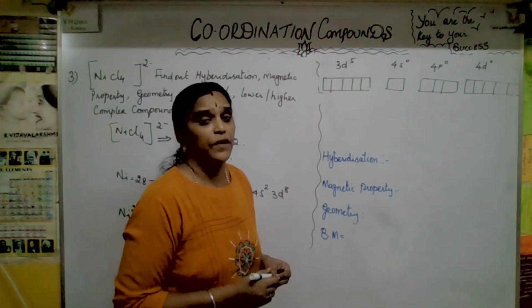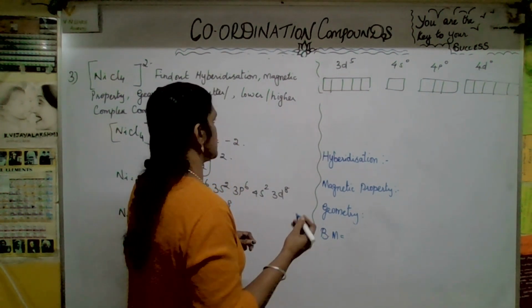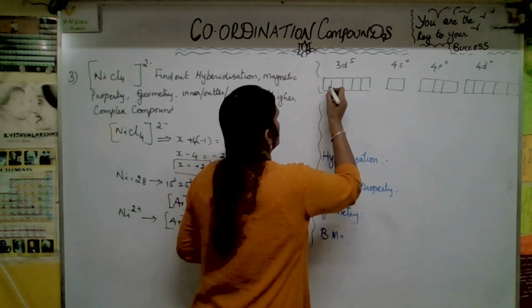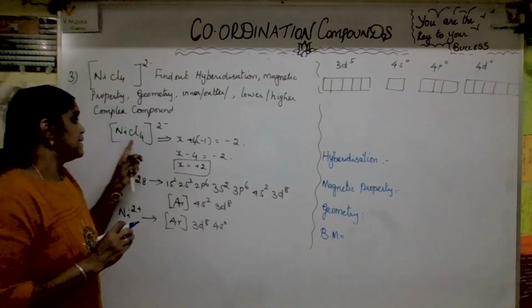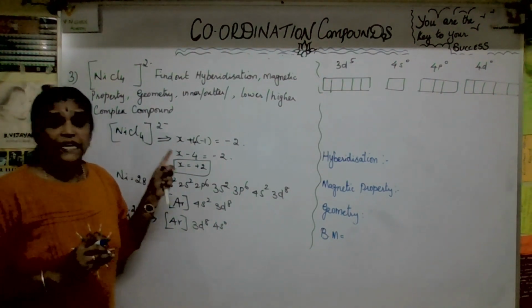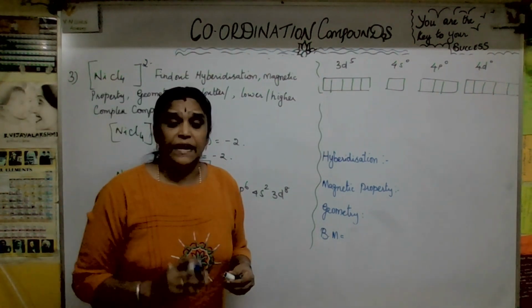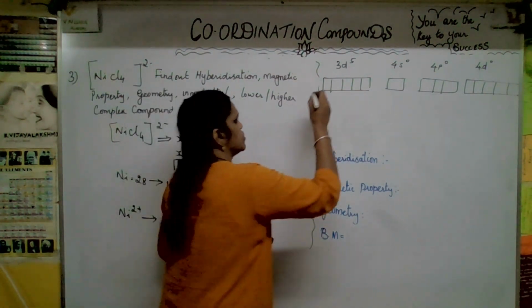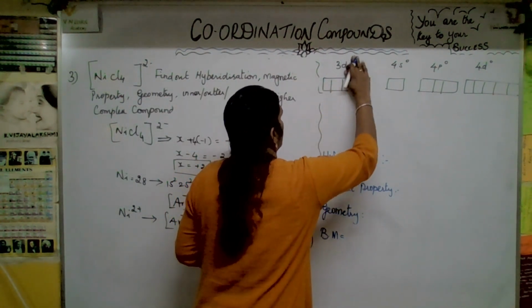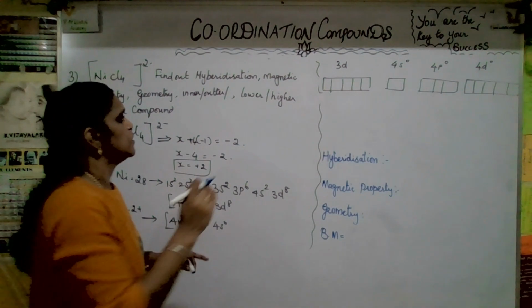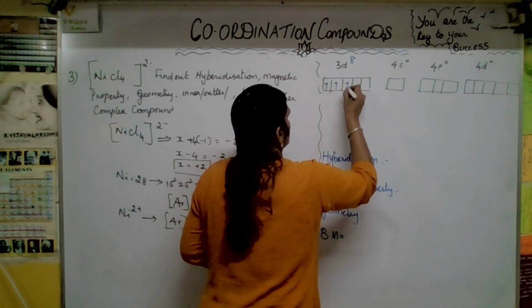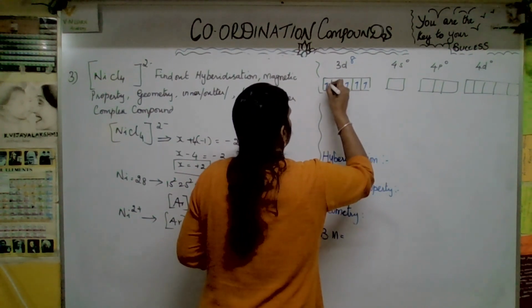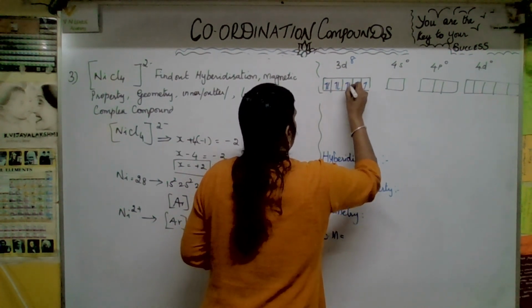How many electrons does it have to fill? 8, no? So whether it is a weak ligand or strong ligand, here you see Cl minus is a weak ligand. So it cannot pair up the electrons. So here, outermost 8 electrons, right? So 1, 2, 3, 4, 5, 6, 7, 8.